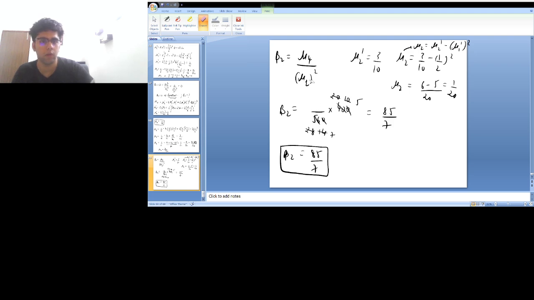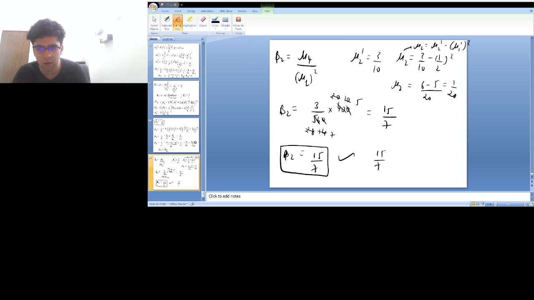So I just need to write 3 here. I need to erase this also. So I was left with 5 after cancelling everything out, and I had 3 here. So 3 into 5 becomes 15, and my final answer becomes 15 by 7, which is correct.